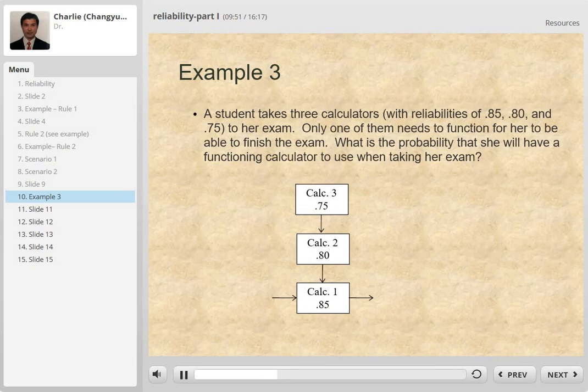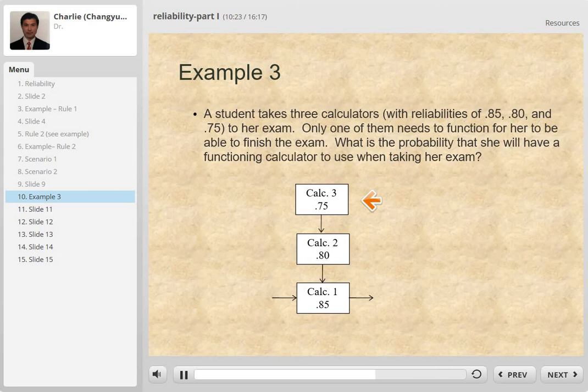Here's the example. A student takes 3 calculators to an exam. She's afraid that some calculator will fail. Calculator 1 has a reliability of 85%. Calculator 2 has a reliability of 80%. Calculator 3 has a reliability of 75%.